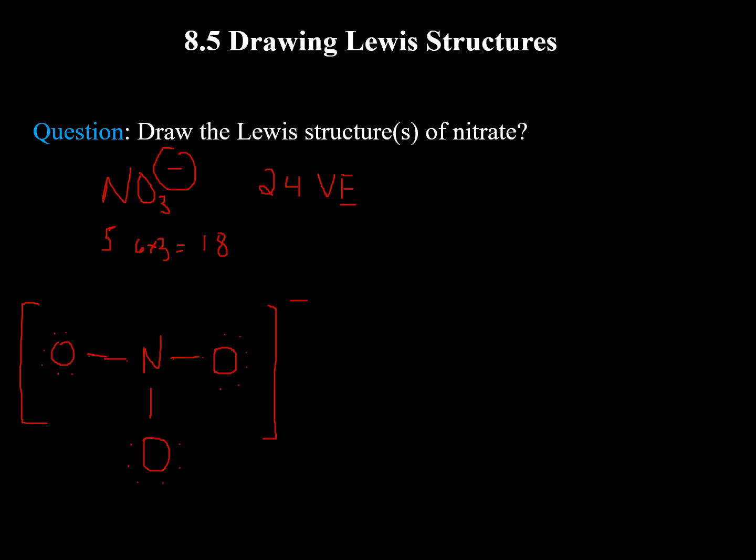So we used up our 24 valence electrons. Does each one have 8? The oxygen, yes, each oxygen has 8. However, the nitrogen only has 6.